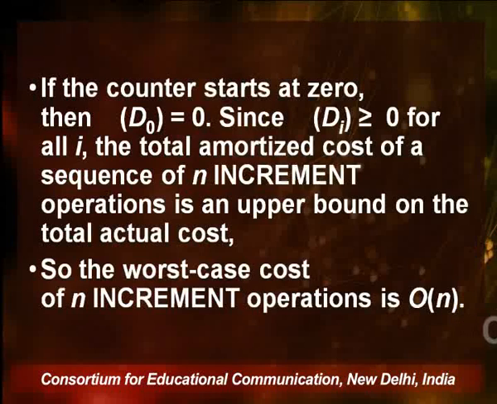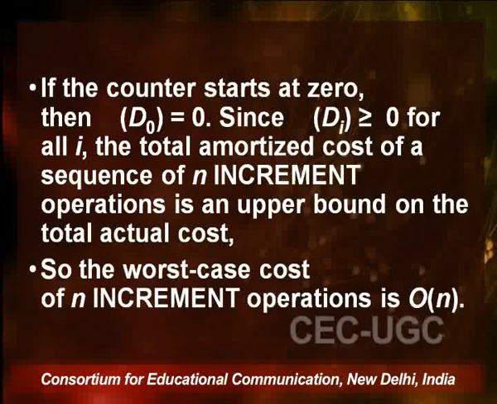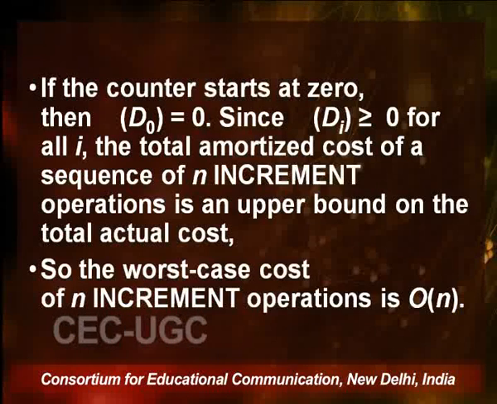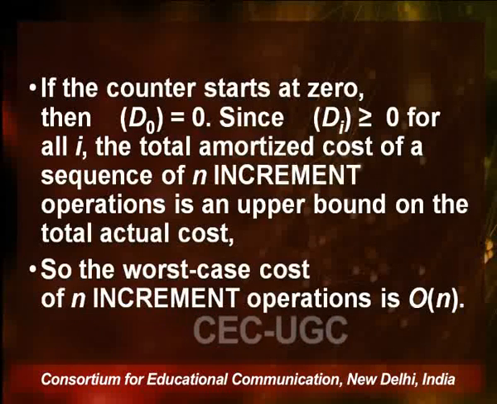So, either there could be a positive number of ones, or there could be no ones at all. For the stages other than D0, it is greater than or equal to 0, and for stage D0, it is 0.